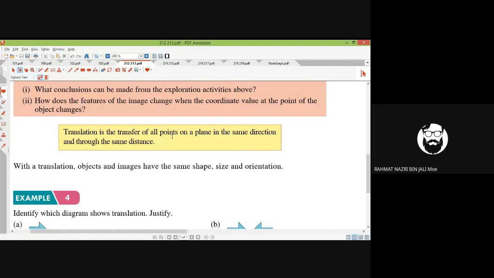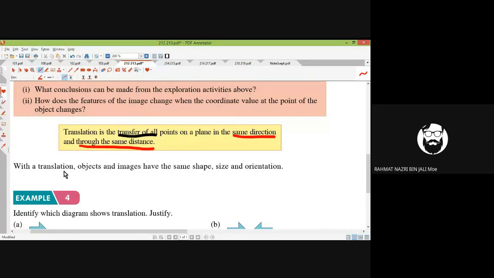Okay, translation is the transfer of all points on a plane, transfer of all points in the same direction and through the same distance.